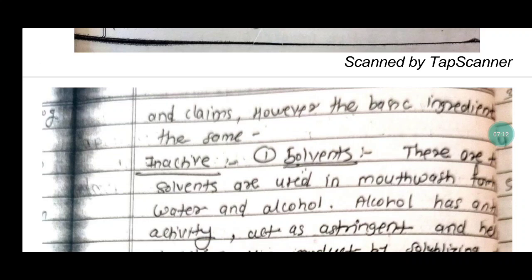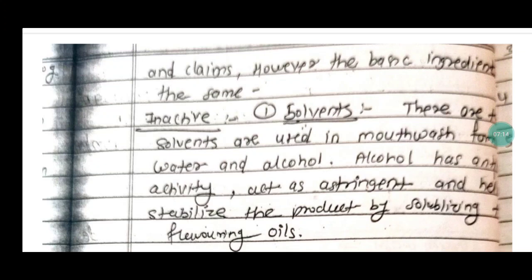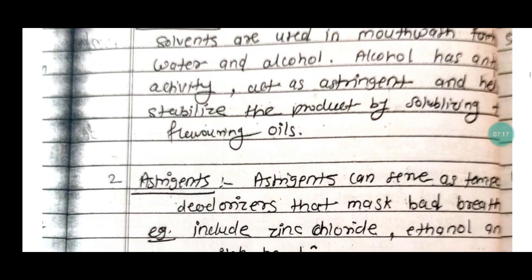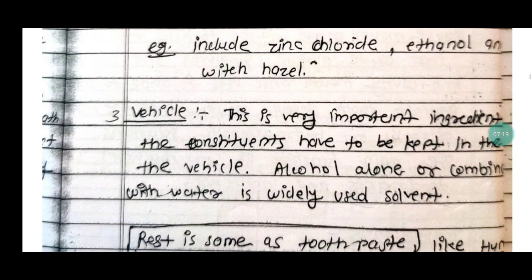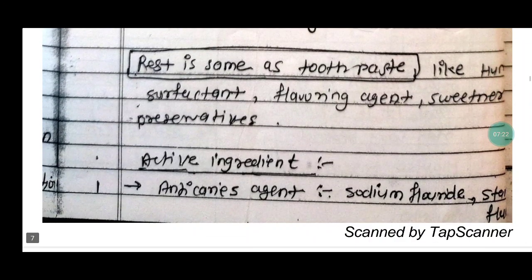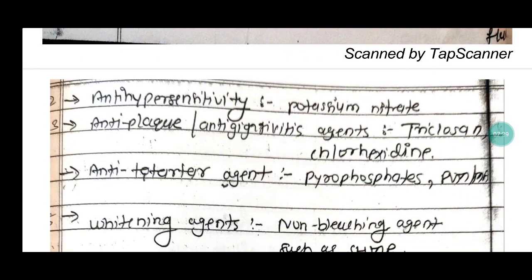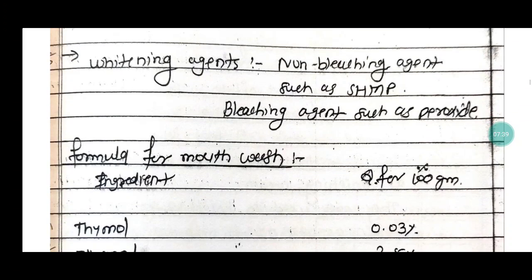However, the basic ingredients are inactive ingredients like solvents, astringents and vehicle, whereas the active ingredients are anti-caries agents, anti-hypersensitivity, anti-plaque, anti-gingivitis agents, anti-tartar agents, and whitening agents, etc., as well as bleaching and non-bleaching agents depending upon the product.